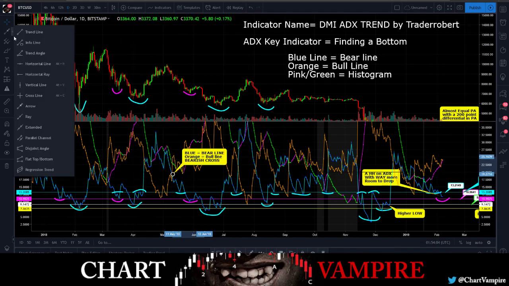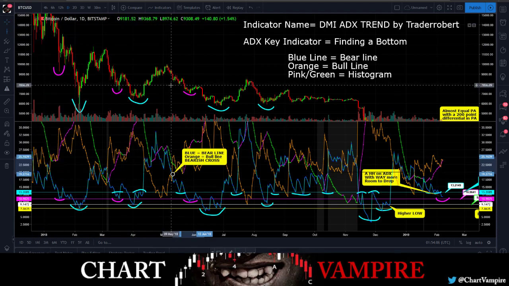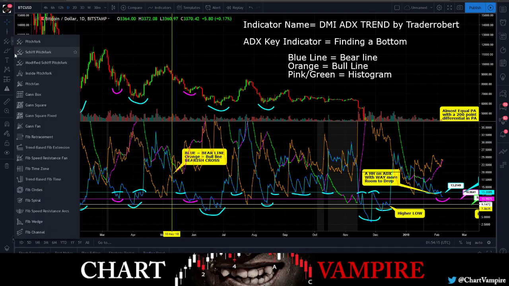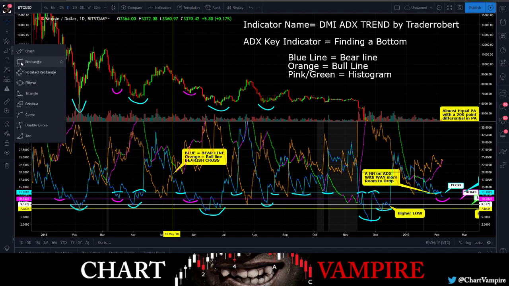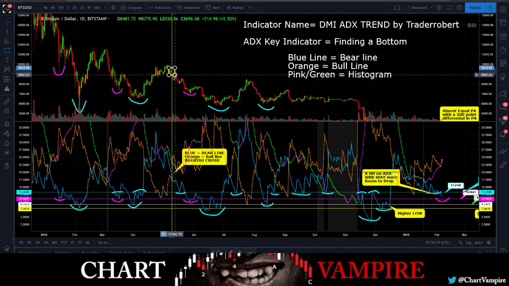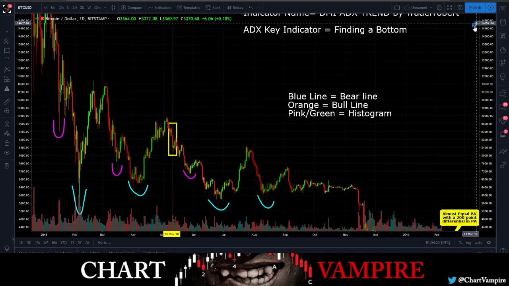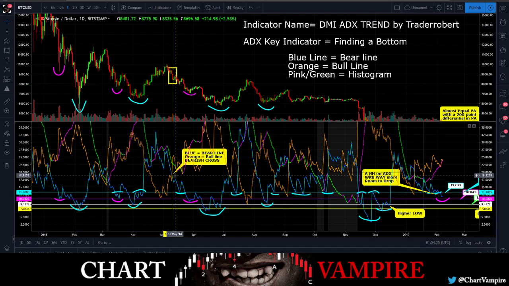And then what you want to do is you can come over here. You're going to line that up. And every time you get this cross, you will see you oftentimes get a very bearish drop right here. Look at this very substantial bearish drop. So you'll see when these lines do cross, now look, just the opposite applies here.